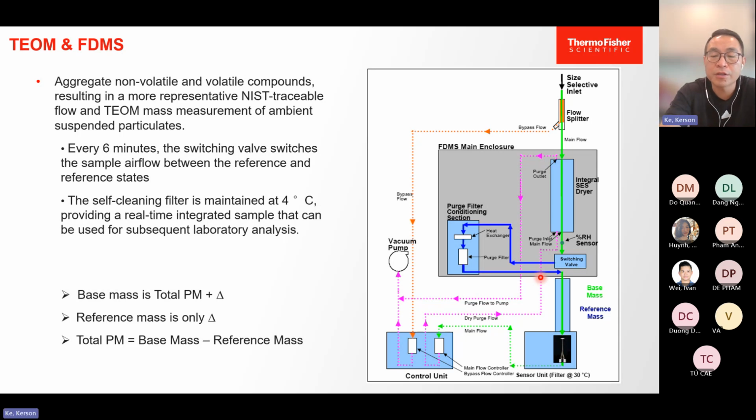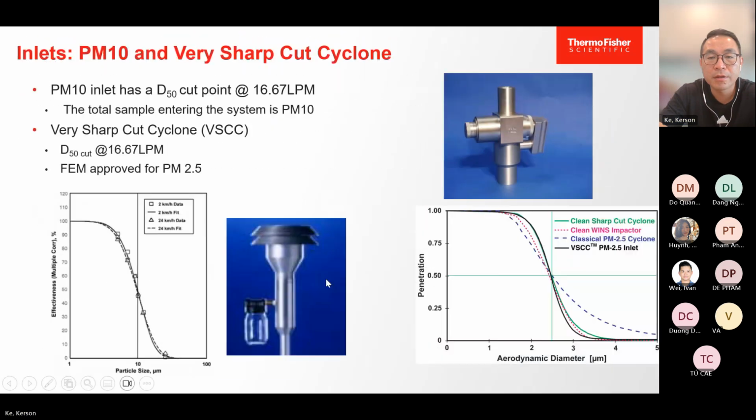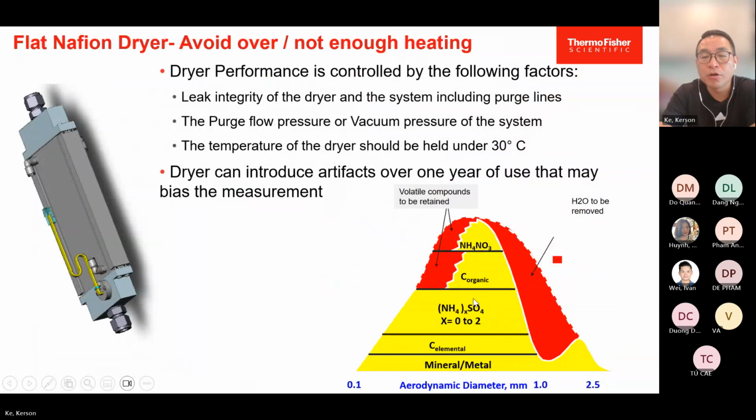Let me go back to this slide. When we measure PM 2.5, and PM 2.5 is a hot topic now, sometimes we face a problem, even for the manual sampler. When we collect the particles on the filter, we condition it for maybe 3 days, and you can see some loss of the volatile compounds during this procedure.